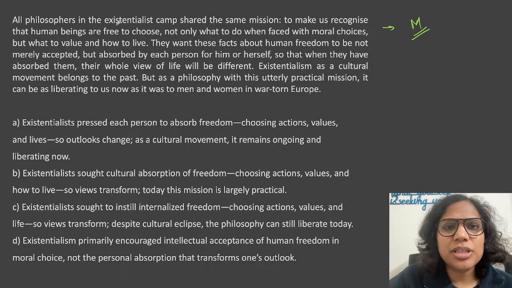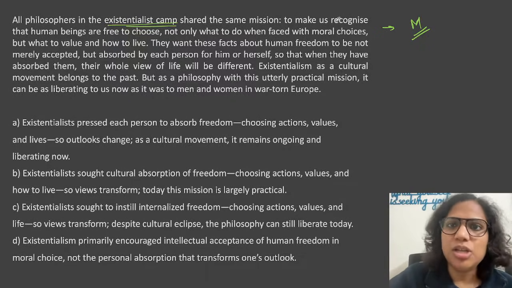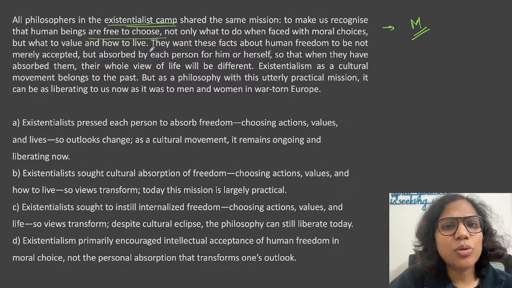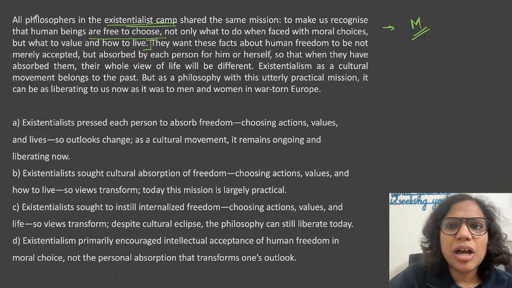All philosophers in the existentialist camp shared the same mission: to make us recognize that human beings are free to choose not only what to do when faced with moral choices, but what to value and how to live. Tell me, are they kind of pressing each person?